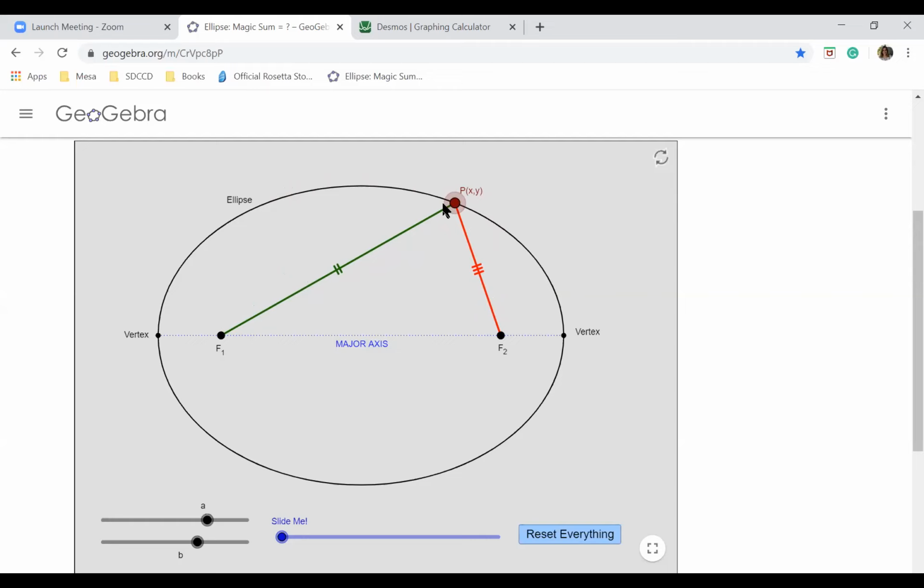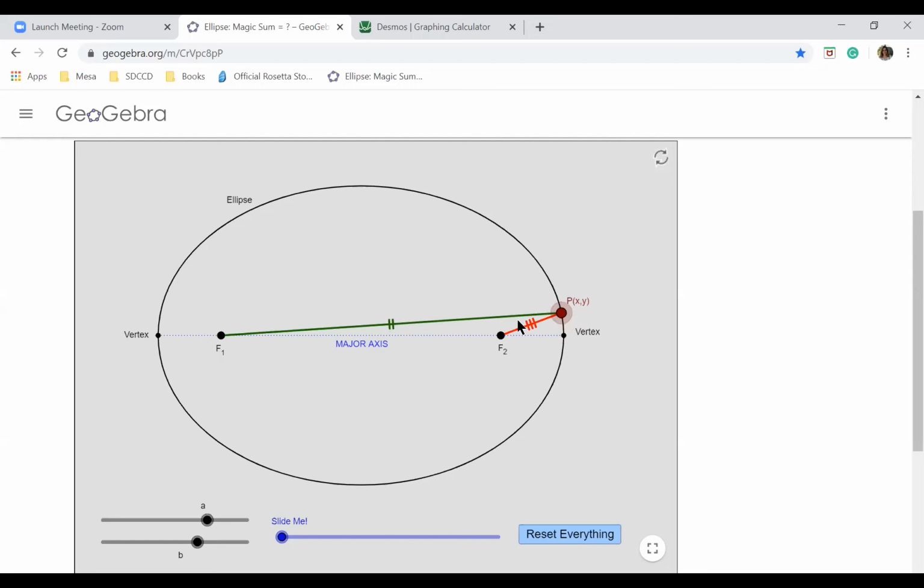Now, one of the things that's sort of an interesting phenomenon, and it's sort of hard to see at first, is that this distance, the green plus the red, these 2 segments, is going to be a total of 2 times A, which is the major axis on this ellipse. And so I want to try to show you how I would know that. So I'm going to get really close to where I am right here, and add these two terms.